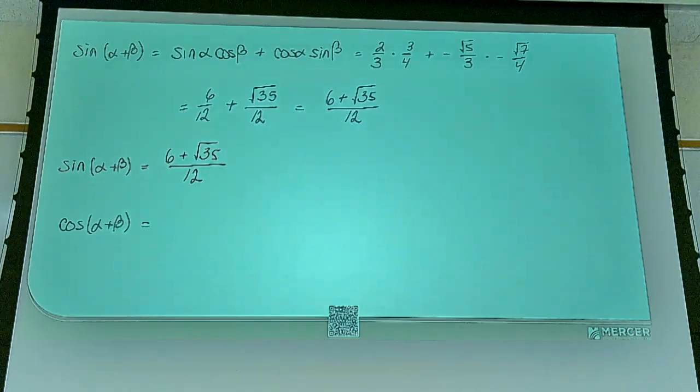Cosine of alpha plus beta, sum identity for cosine. It's going to be cosine alpha cosine beta, operation switches, sine alpha sine beta.